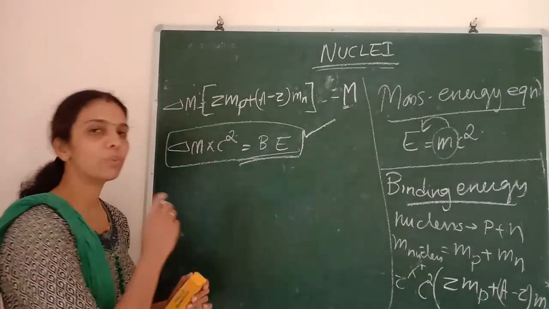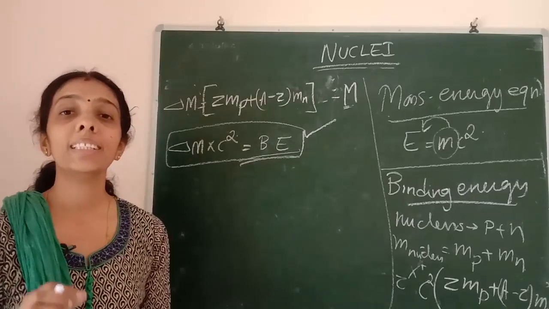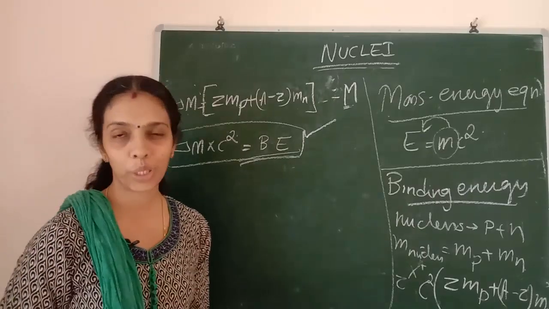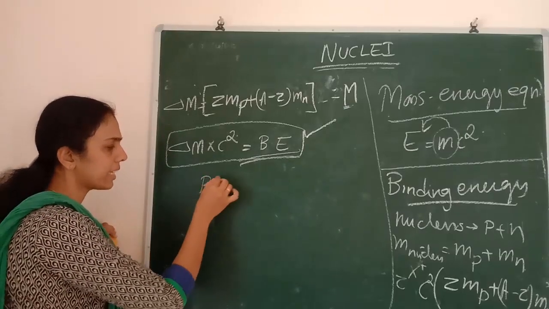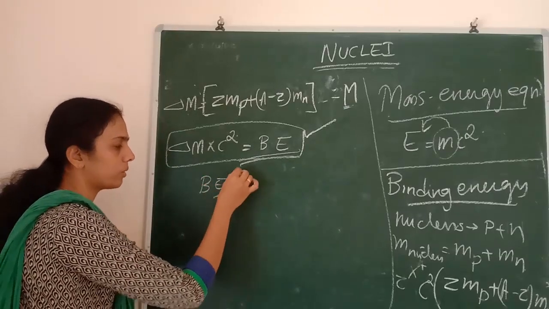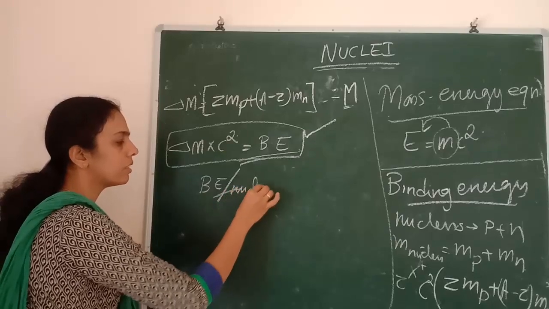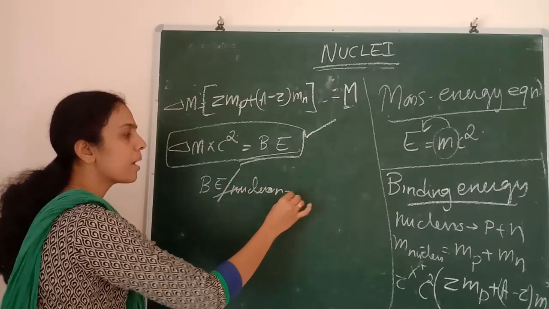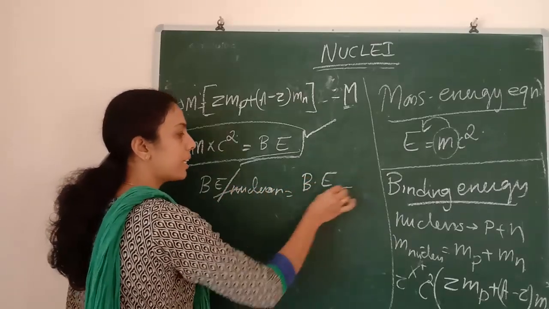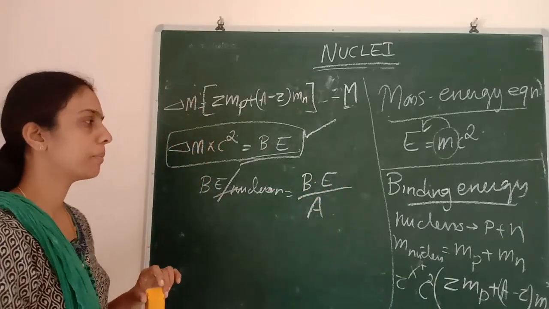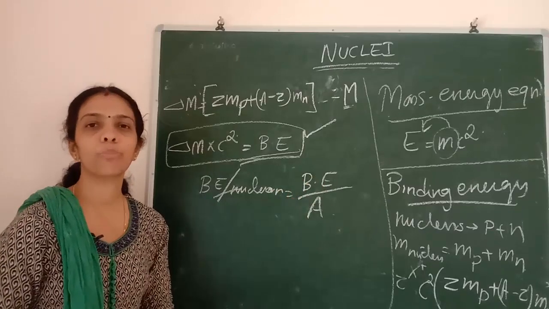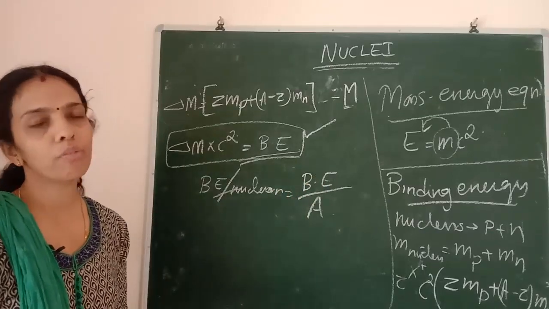Next we are going to study binding energy per nucleon. That means the total binding energy divided by A. What is A? A is the mass number. That is the binding energy per nucleon we are going to find out.